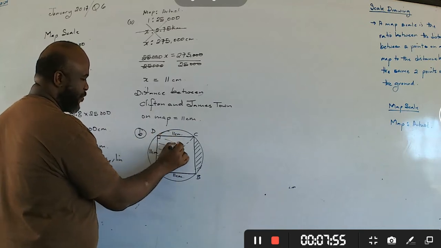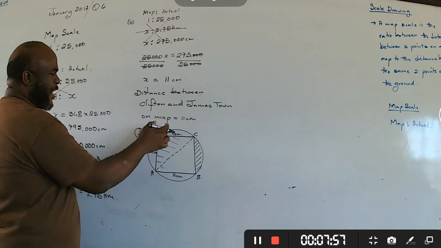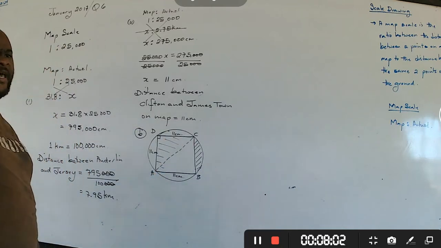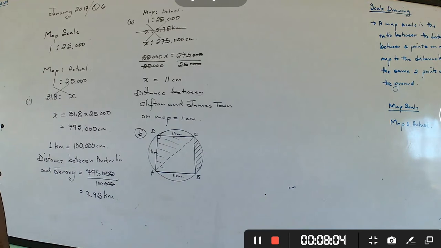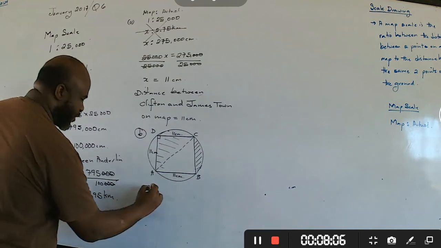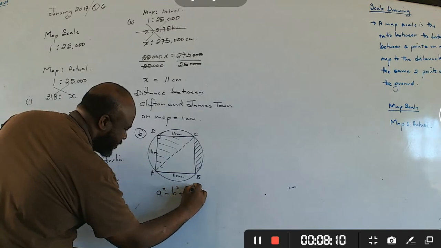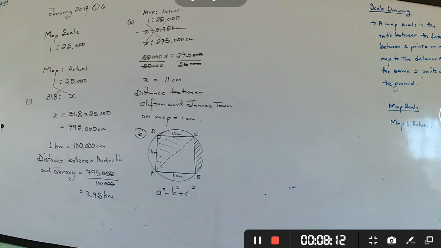If I know two sides of a right angle triangle, and I wish to find the length of the third side, what must I use? Pythagoras theorem. That is A squared is equal to B squared plus C squared. That's the Pythagoras theorem formula. In it, A is the hypotenuse, and B and C are the other two sides.